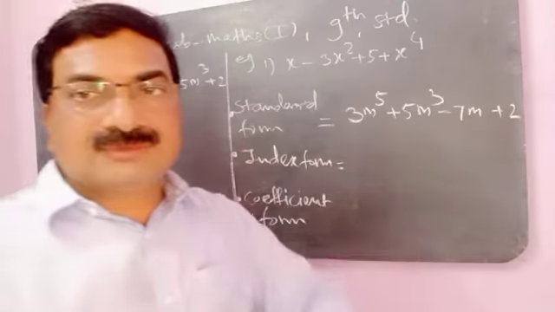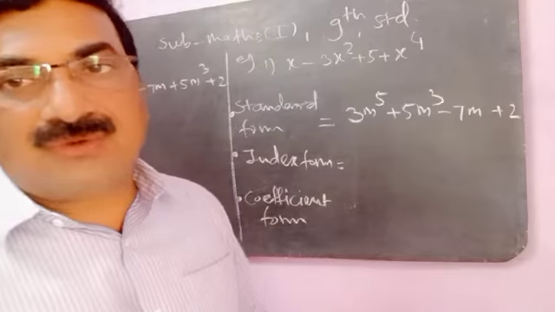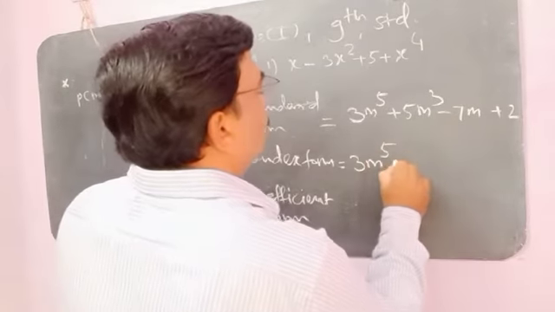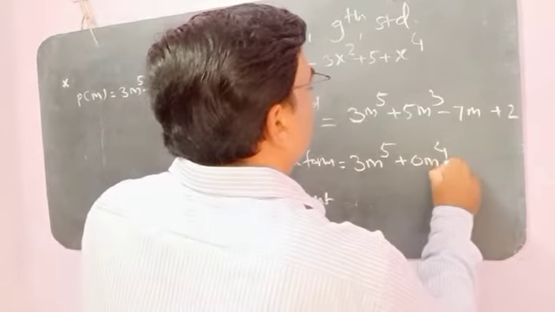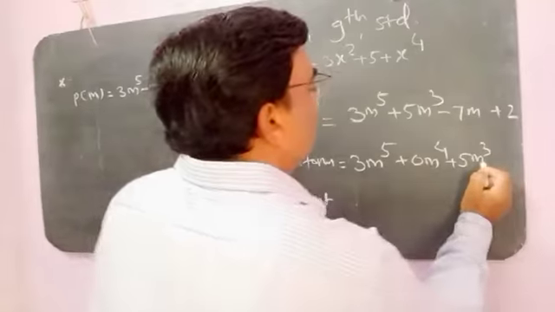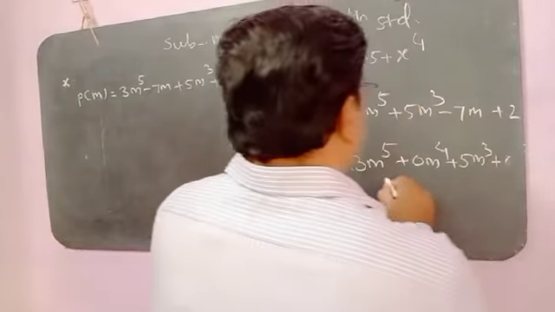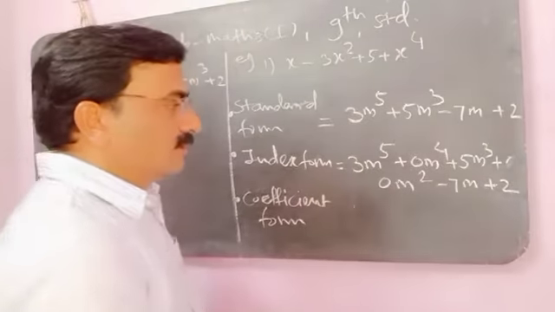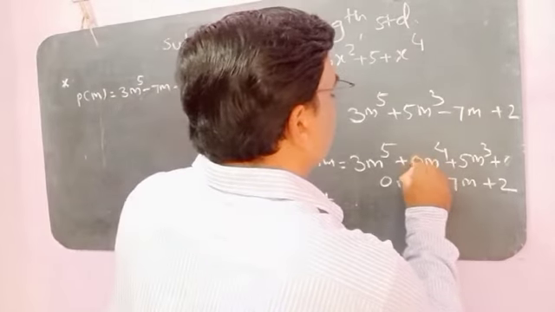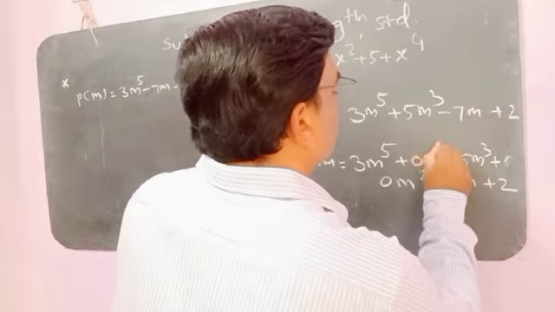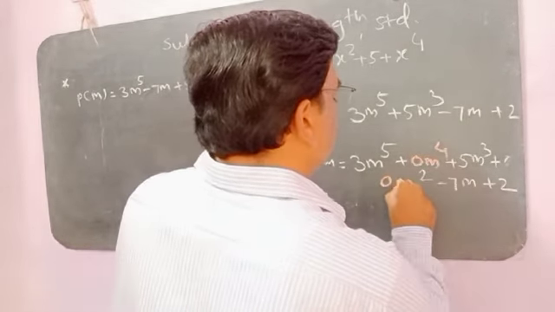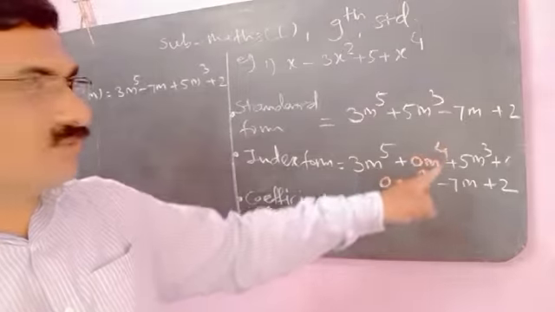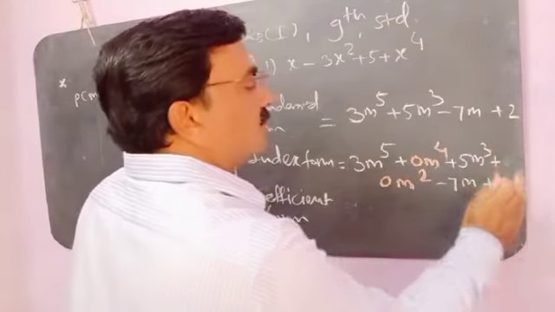That is 2 terms are missing here, that we have to add by taking their coefficient as 0. 3m raised to 5 plus 0m raised to 4 plus 5m raised to 3 plus 0m square minus 7m plus 2. 0m raised to 4 and 0m square, these two are the missing terms that we already add here.